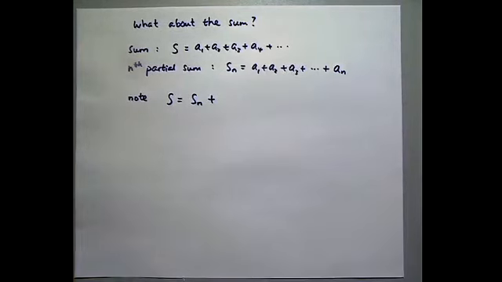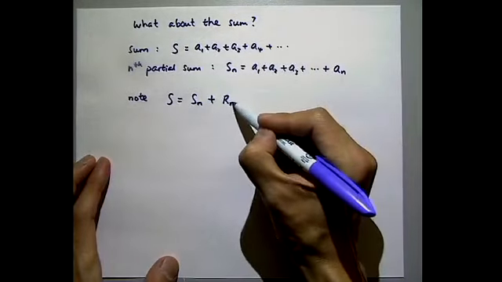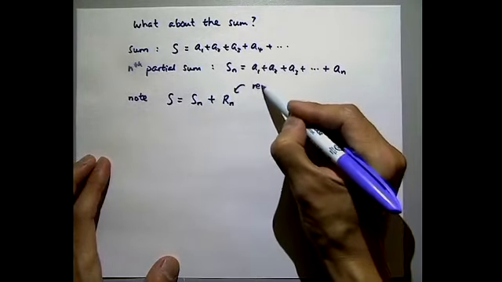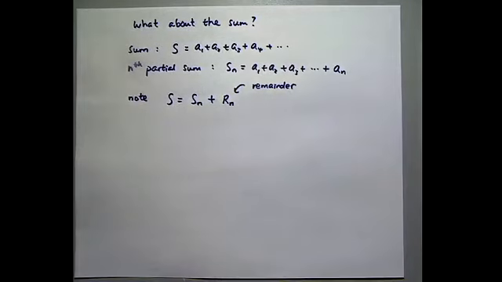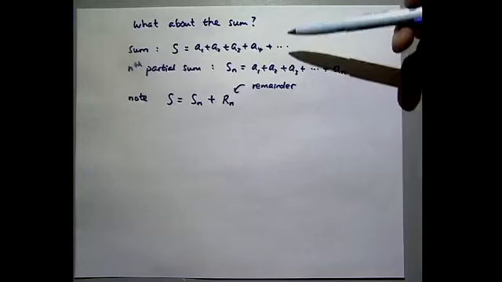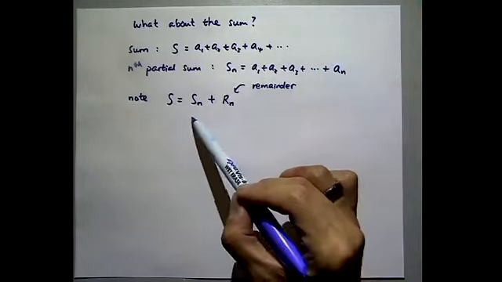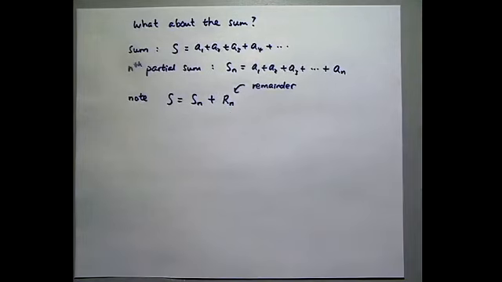So notice that the total sum here is equal to the partial sum plus some remainder. If I use the third partial sum to try to estimate that, then this is A1, A2, A3, and everything after that is the remainder.